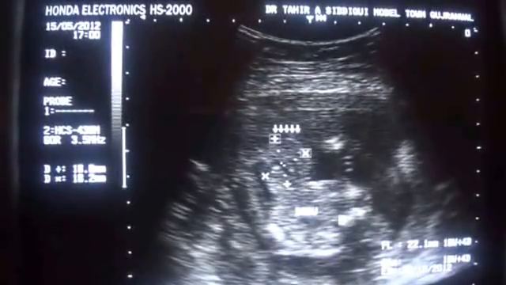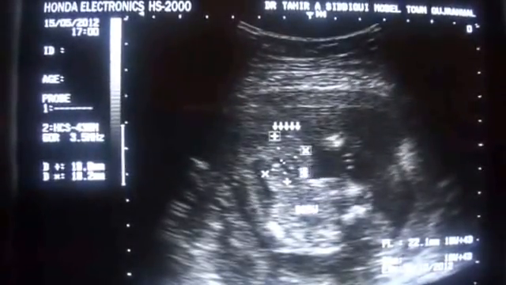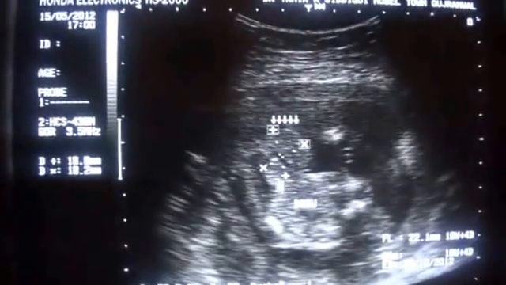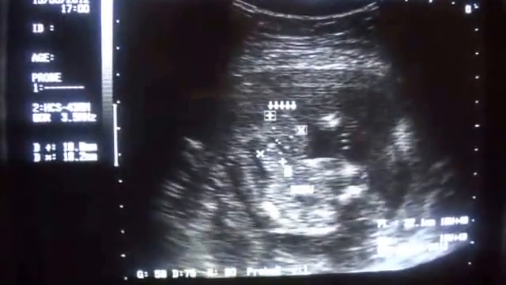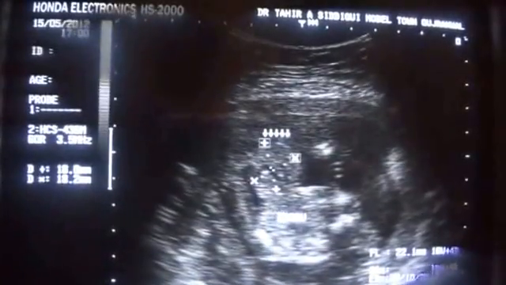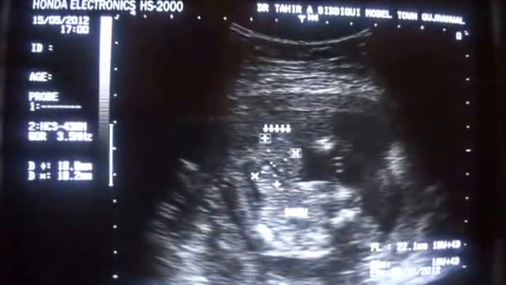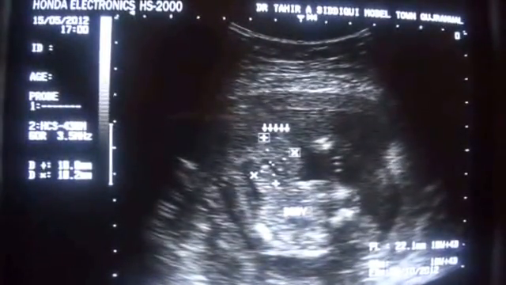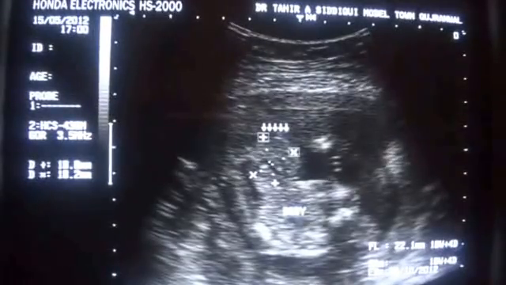This is the transverse of the fetus, and you see this outgrowth is from the anterior abdominal wall, so possibility of omphalocele cannot be ruled out.